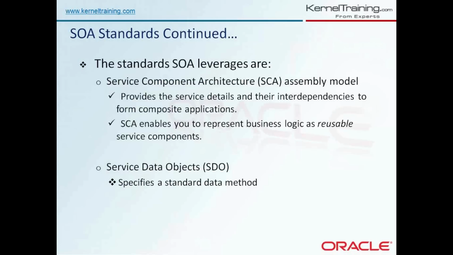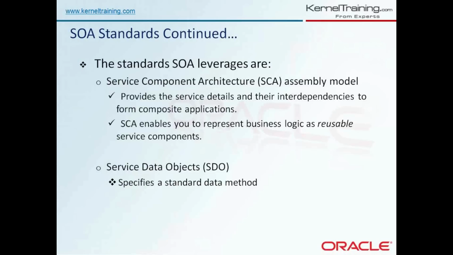So Oracle has defined a lot of standards, and we will go through them one by one. First is known as SCA, Service Component Architecture. It provides a mechanism through which you can develop different composite applications. Let me first tell you what a composite is. A composite is a collection of different service components.